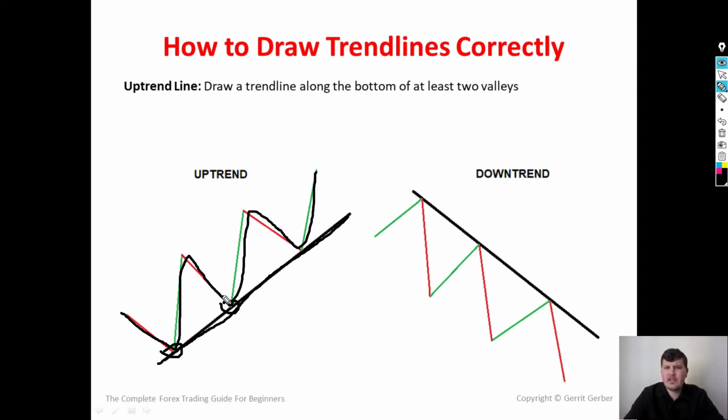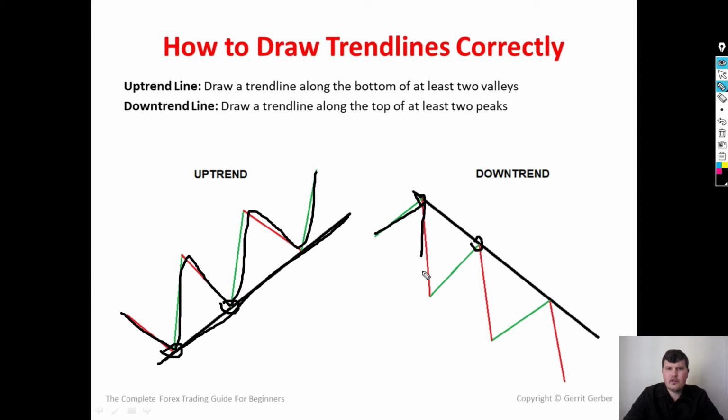And then for a downtrend, you draw a trend line along the top of at least two peaks. So you see the two peaks in this movement, and you draw a trend line connecting the two peaks, and you see a third over here as well.